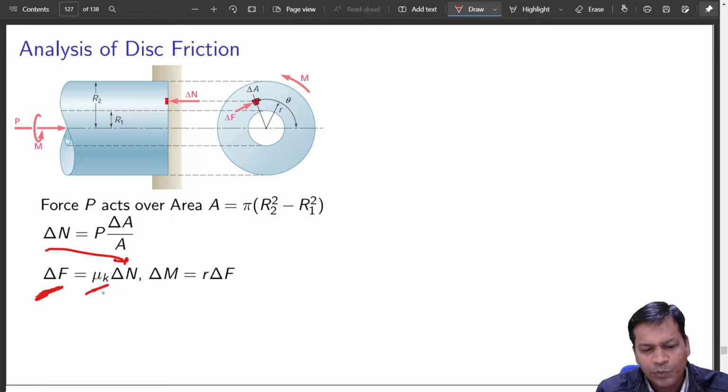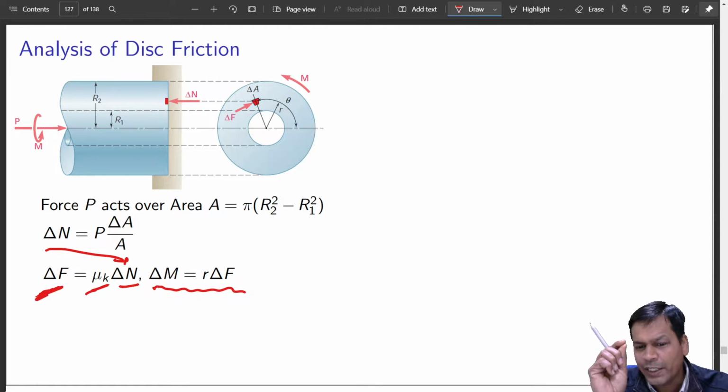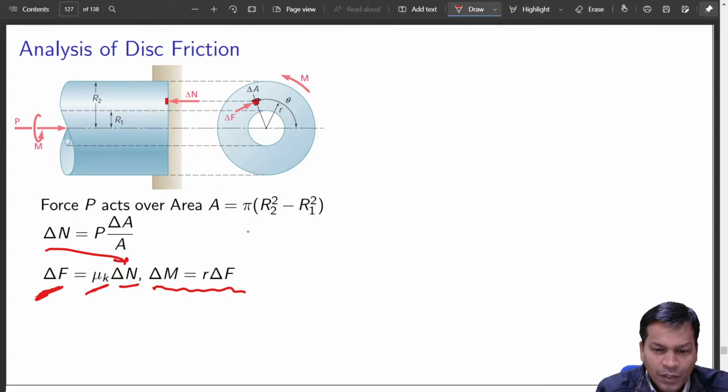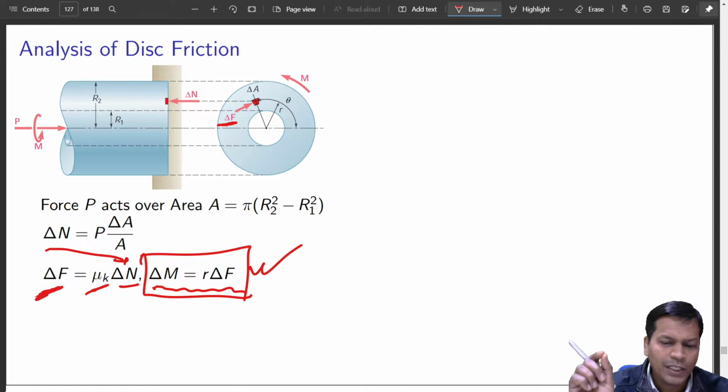So friction is equal to mu k times delta N. The small moment that this elemental area is taking care of is the force F, that is the frictional force against the driving force, times R. Hope you got this equation. The elemental moment taken care of by this elemental piece is R times delta F. Delta F is opposite to the direction of motion. Delta F is mu k times delta N. Delta N is calculated like this.